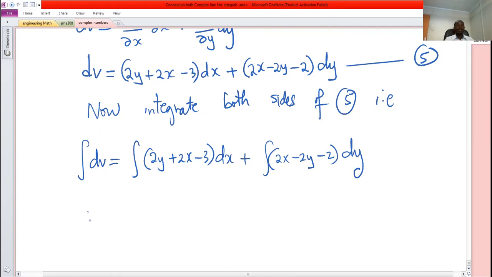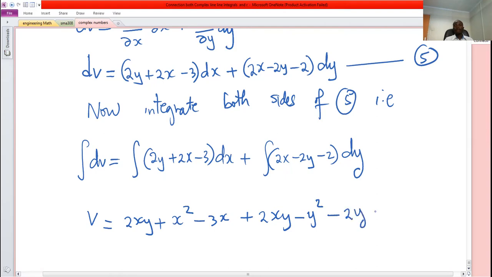So integral of dv is v. This with respect to x will be 2xy. This with respect to x will be x squared. This will be minus 3x. Here will be plus. With respect to y, it will be 2xy. With respect to y is minus y squared, and then minus 2y, then plus constant of integration.